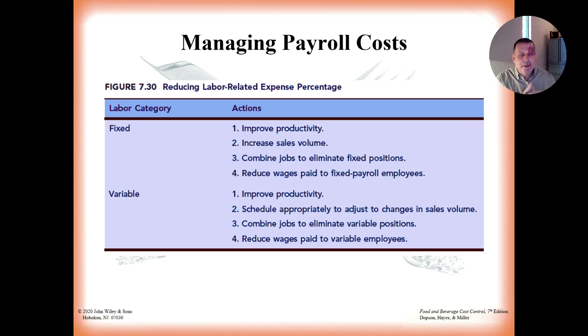Well, it depends on a lot of different stuff, and I'm running out of time. But you notice you have the same thing here. You might want to keep your fixed payroll people and eliminate some of your variables, or you might want to eliminate some of your fixed. If you've got 4 exempt employees, but you really only need 3, then you'll get rid of one.